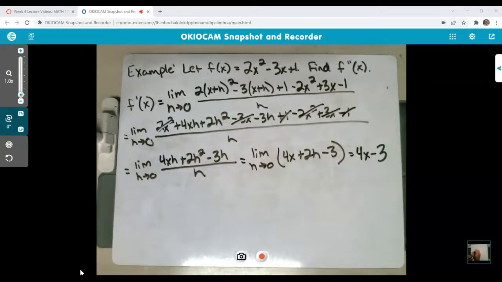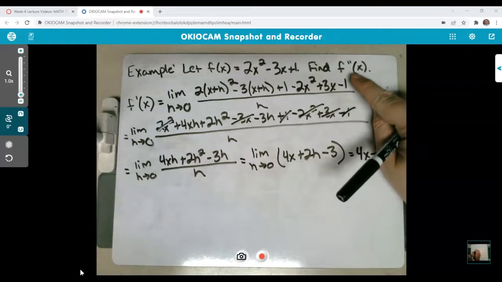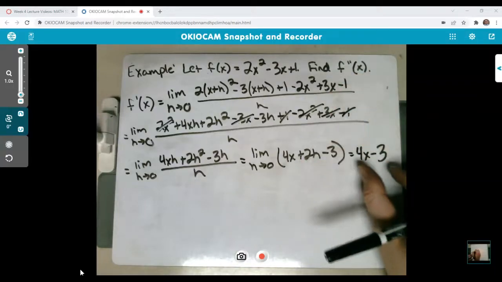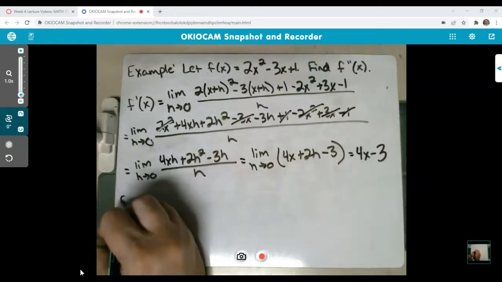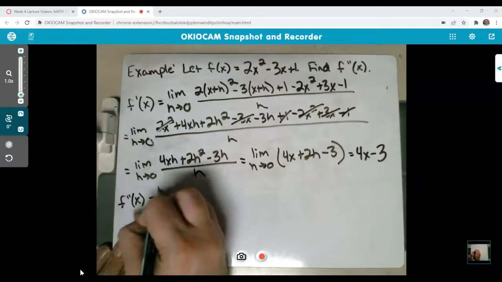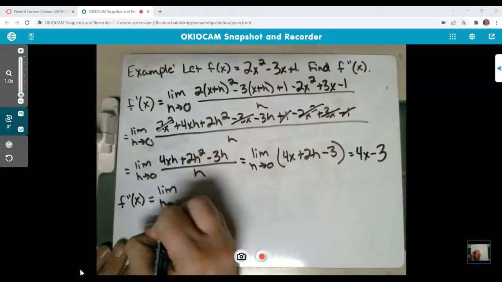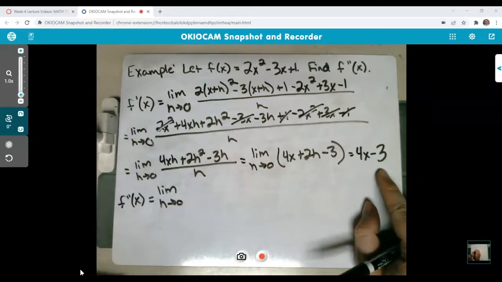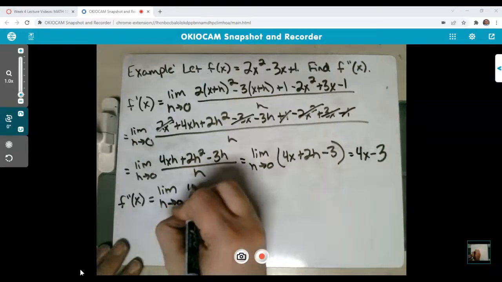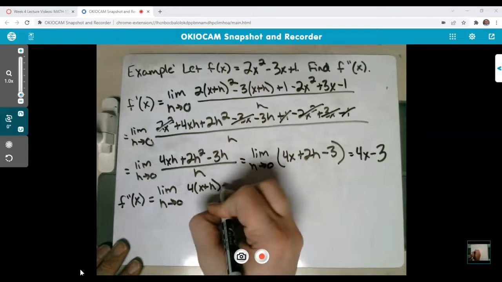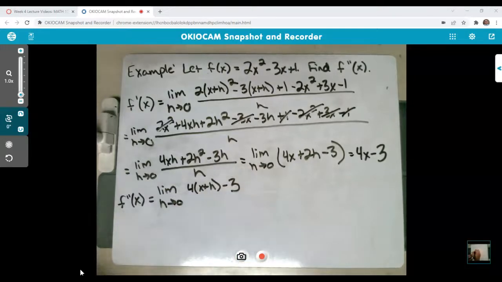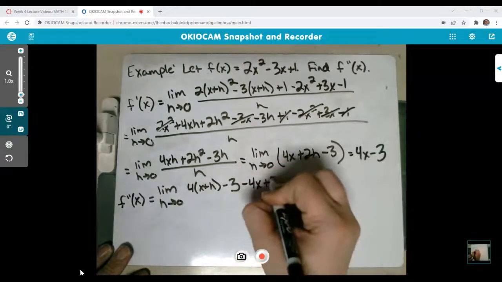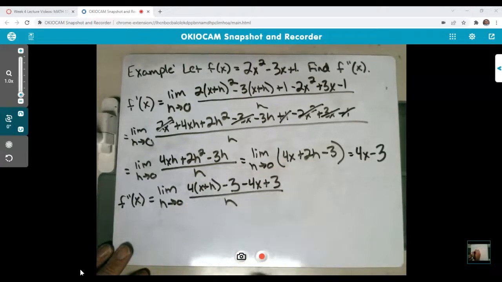So that's f prime. I need f double prime, which means now I'm going to do this again using this one. So now f double prime of x would be the limit as h goes to 0. I'm going to use this now. So plug in x plus h into here. You get 4 times x plus h minus 3. And then minus that, so minus 4x plus 3 all over h.